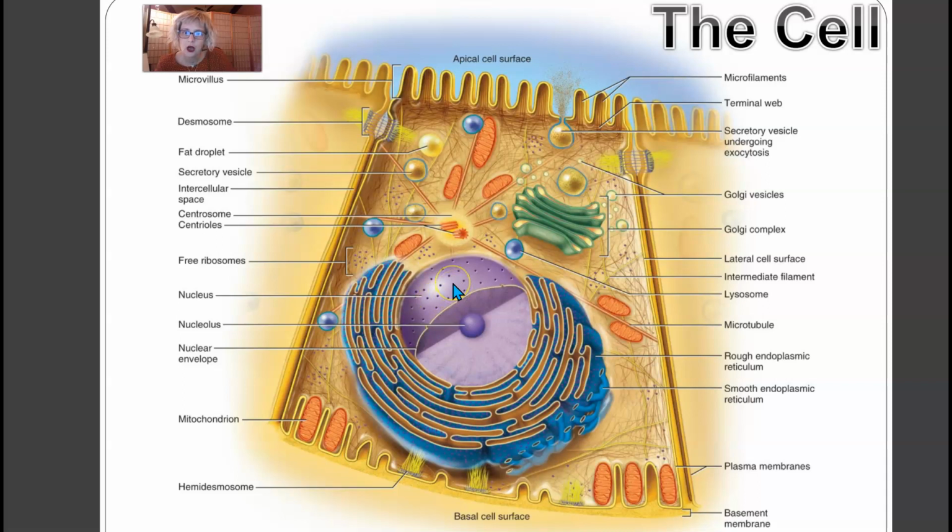Okay, now the membrane around the nucleus is called the nuclear envelope, and these little tiny holes are called nuclear pores. The reason for those is that the messenger RNA, a very, very large molecular structure, will read the DNA code, and then it has to leave so that translation can occur and the protein can be made. So how does it leave? It leaves via these nuclear pores.